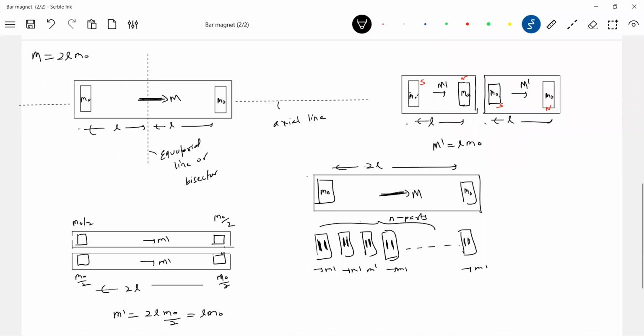These two parallel lines are the pole strength. Pole strength is not going to change. For only one, I'll show it: m naught, m naught. I'll cut that into n parts perpendicular to the axial line.